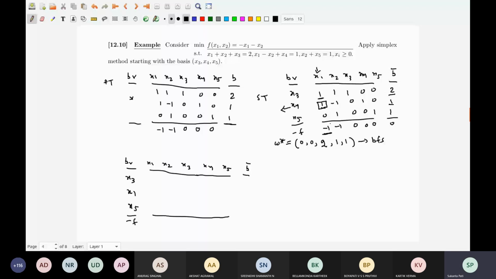That will make it 0, 2, 1, minus 1, 0, 1. The pivotal entry was 1, so let it remain 1, 1 minus 1. I don't have to do anything there. The next entry has to be 0, but it is already 0, so I don't do anything there.